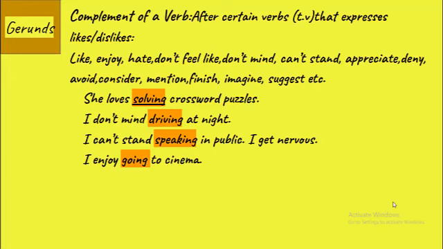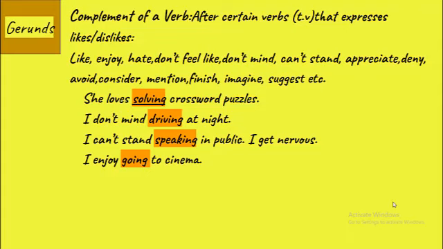Complement of a transitive verb. Transitive verbs are the verbs which always carry an object. They never have complete meaning within themselves. If you like something, then you like what? If you enjoy something, what do you enjoy? Definitely traveling, swimming. If you hate something, what is that? I hate overthinking.